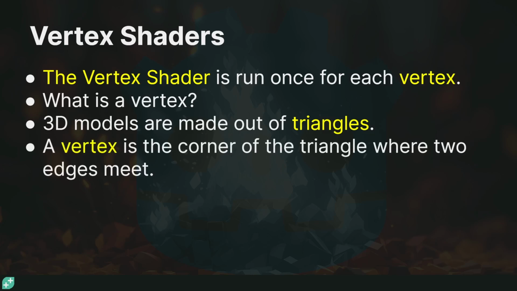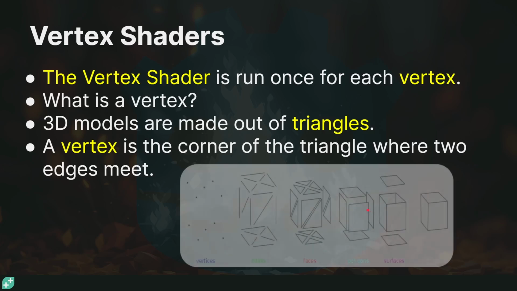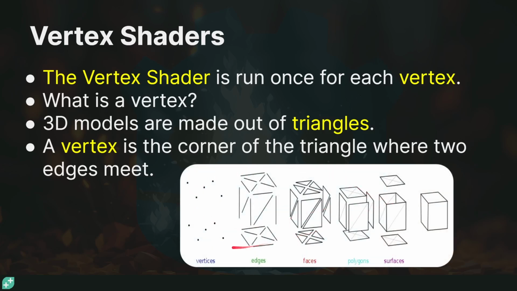And a vertex is simply the corner of the triangle where 2 edges meet. That's one explanation. You could also think of it as a point in space, which I think is a simpler explanation. If you take a look at this graphic here, it's going to be very clear. At the left side here, we have the vertices, and like I said, these are points in space.